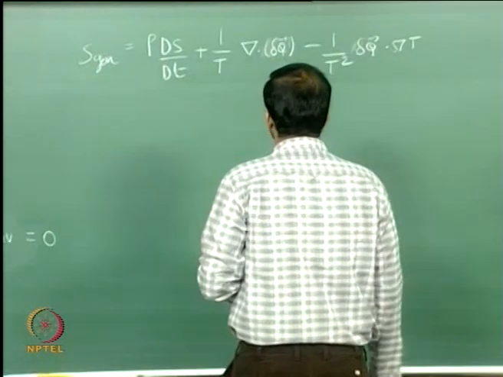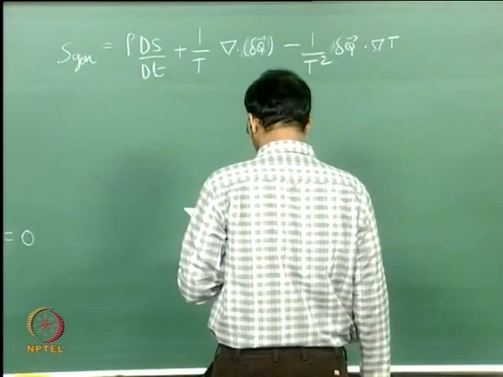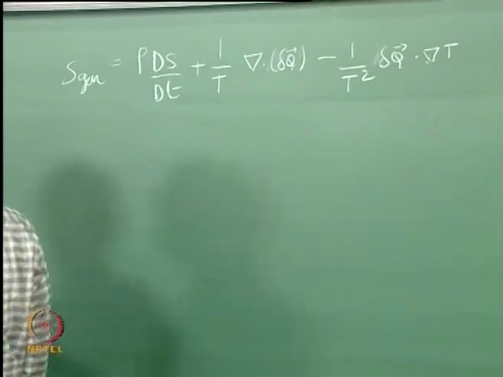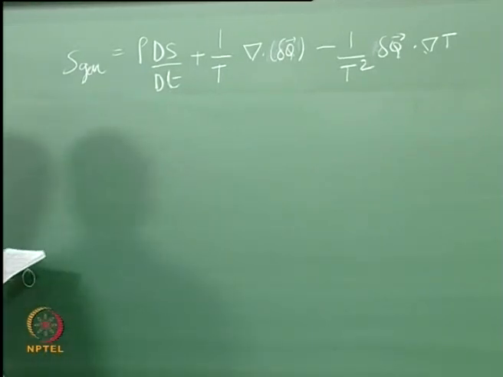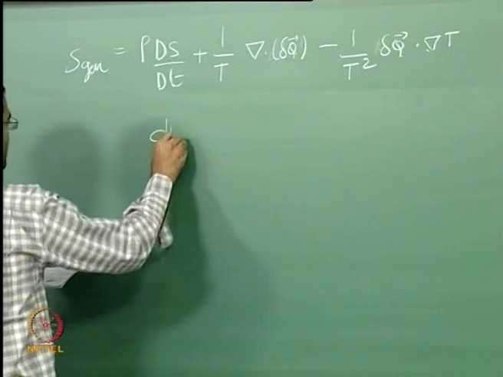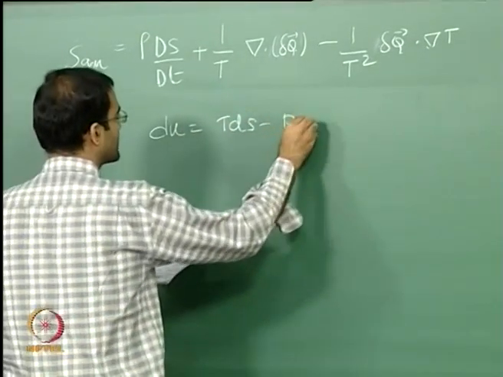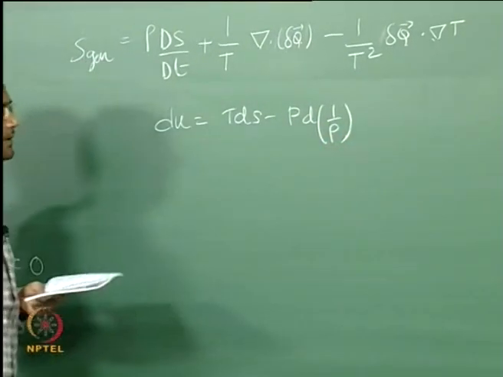So therefore now what I can do here, I am going to invoke one of the Gibbs theorems, if you can remember. So for a closed system again, you know that du is equal to TdS minus PdV. Okay, so I am going to write this as P d of 1 by rho.